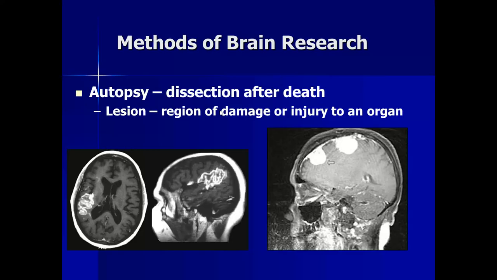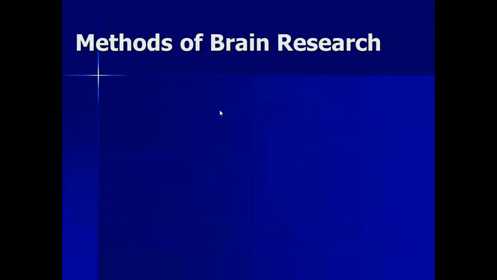The effects lesions can have can be difficult to identify as many functions can involve many brain areas, but the brain has the capacity to relearn certain skills by rerouting. We talked about that earlier, plasticity, in the last section. So autopsy is one method of brain research.